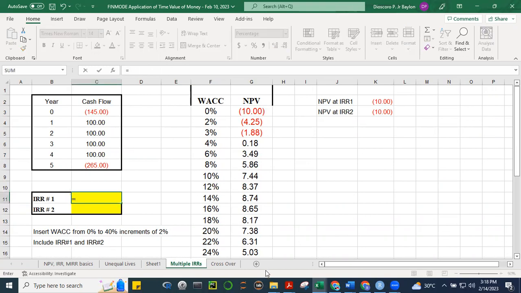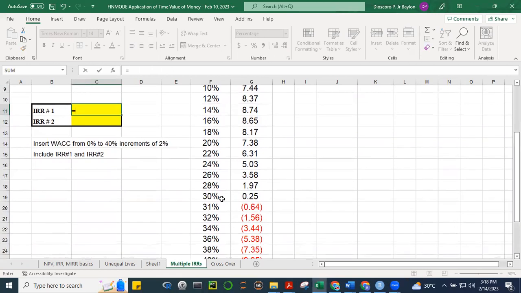I have here IRR1 and IRR2 because there's a possibility that there are two IRRs. In fact, we were able to show it here. There's another inflection here. At 30% the NPV is okay, at 31% it's not anymore.